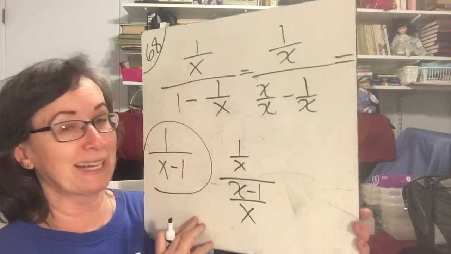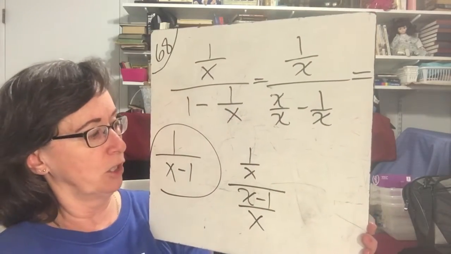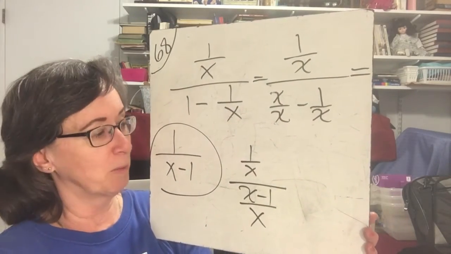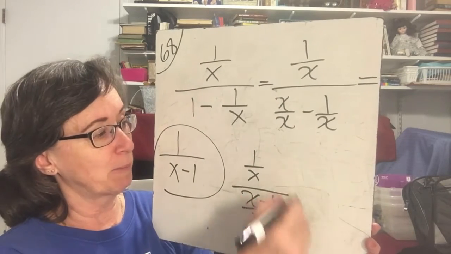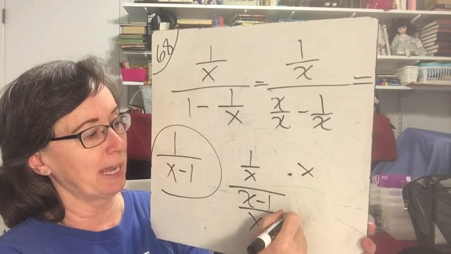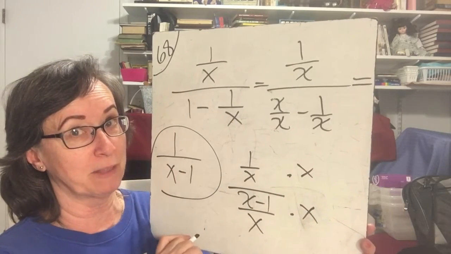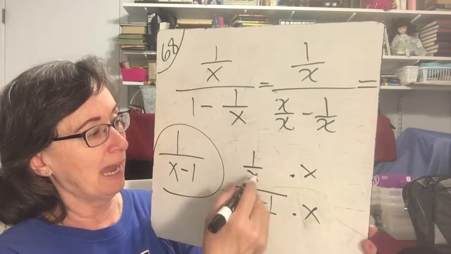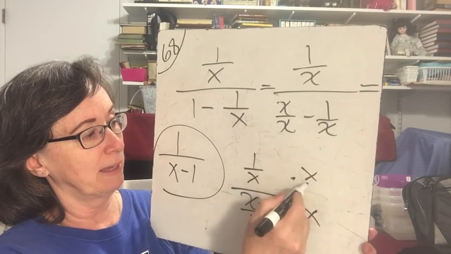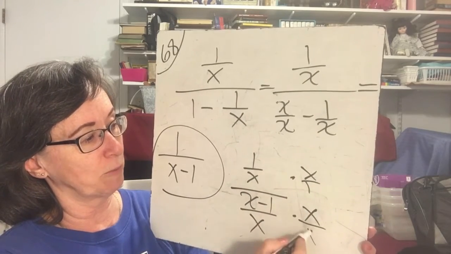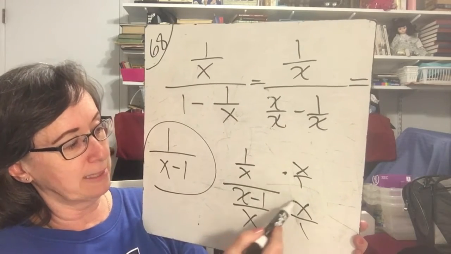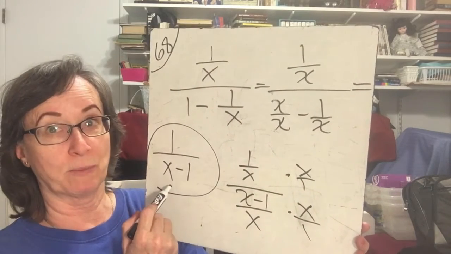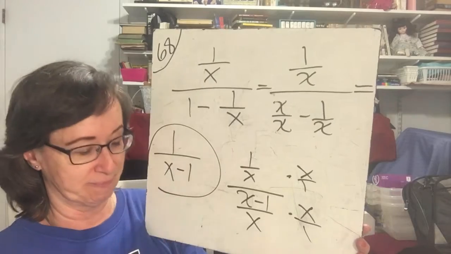If I got right there, could I multiply the top and the bottom by x and be done? If I multiply the top and the bottom by x, the same thing on both, it's okay. I would end up with x over 1, x over 1. My x's would cancel, and I'd end up with 1 over x minus 1. I'd get there right away.